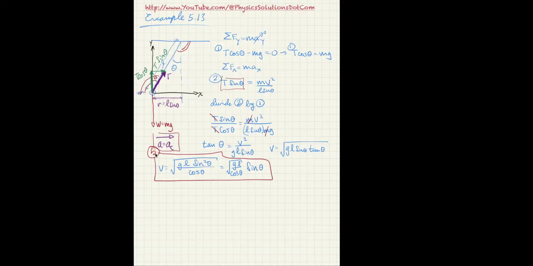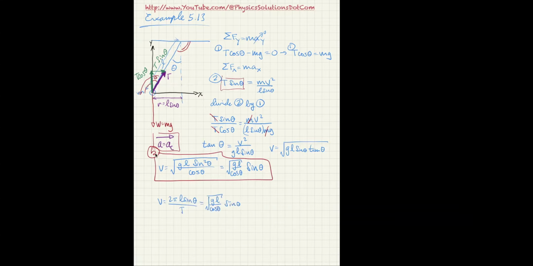Now the other part they wanted to know was the period. We can set v equals 2 pi times L sine theta, because that's what r is. So 2 pi r over the period is equal to v, but we know v is in fact equal to the square root of gL over cosine theta times the sine of theta.